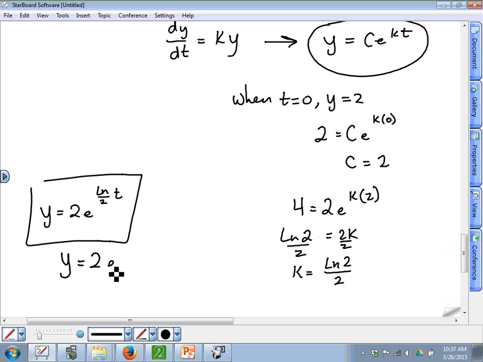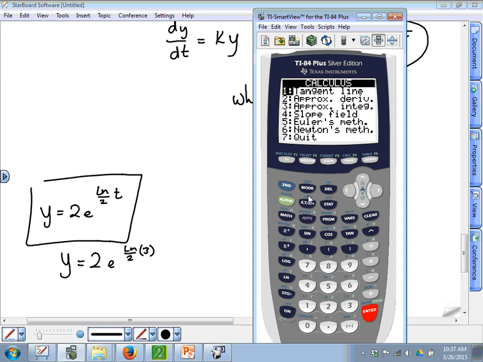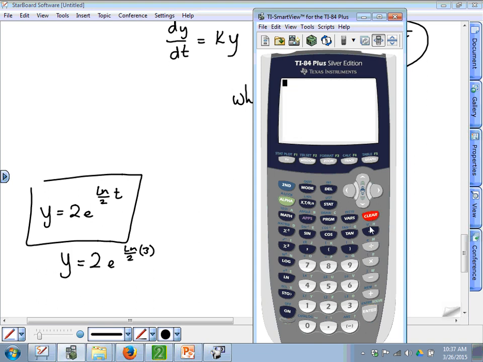So y equals 2e to the natural log of 2 over 2 times 3. And this is most definitely a calculator problem. So I'm going to first figure out what that exponent is. Natural log of 2 divided by 2.